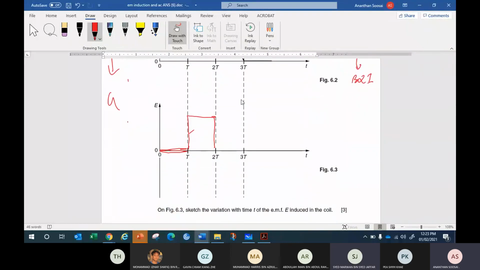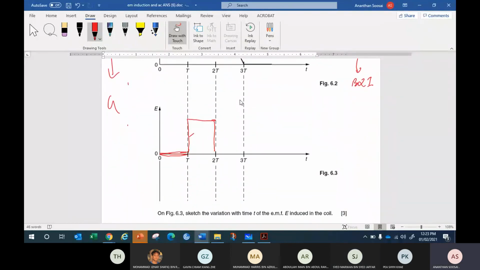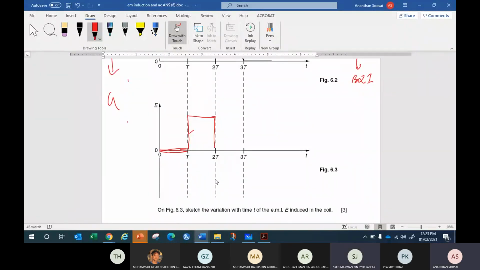I would say it's negative, right? First we draw the acceleration graph, it'll be like this. Then finally zero. This is how your acceleration graph should look. But because we want EMF, you must reflect it at the x-axis.